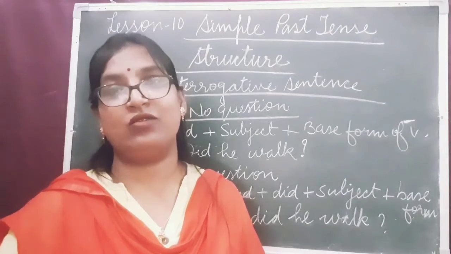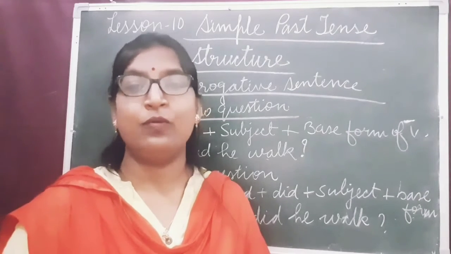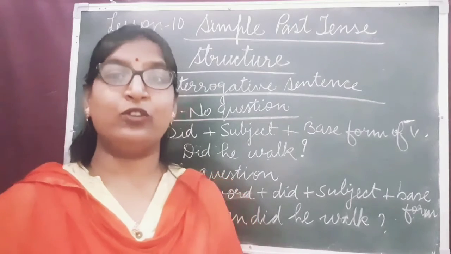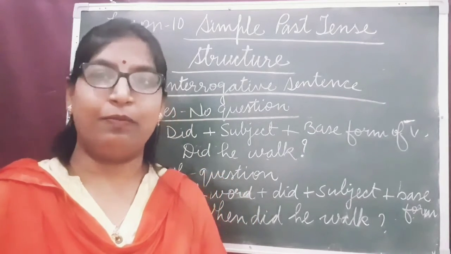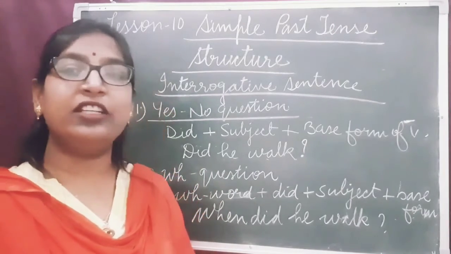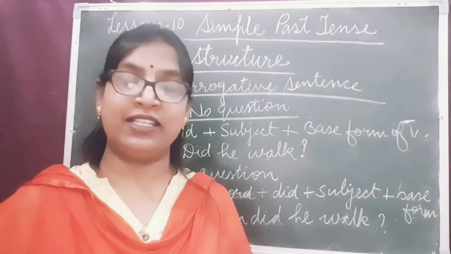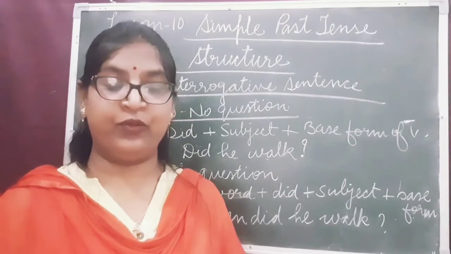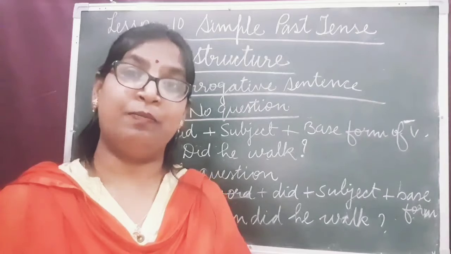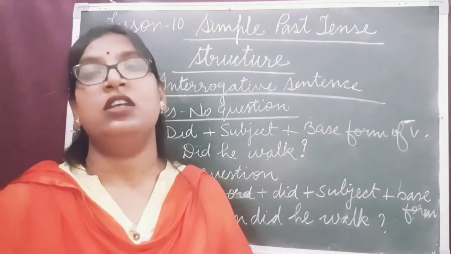Once again, I'll repeat what I have explained today. That is, what is the past tense? When a verb indicates any past action, that refers to past time, that is past tense. And then we studied the different uses of simple past tense. These are to talk about past events, to talk about past habits, and to narrate a story.